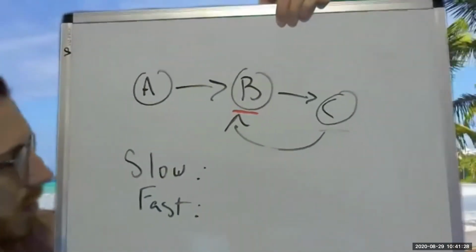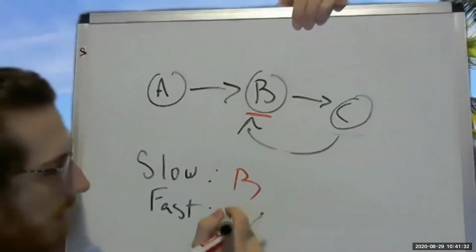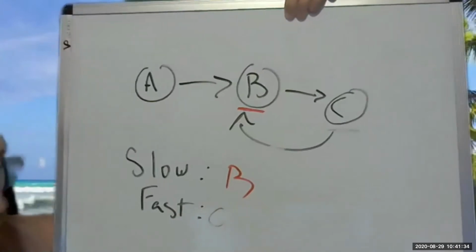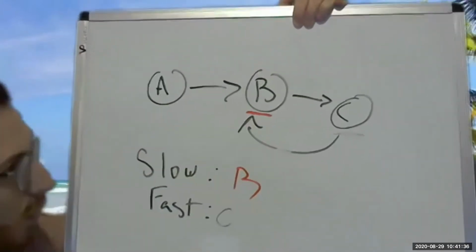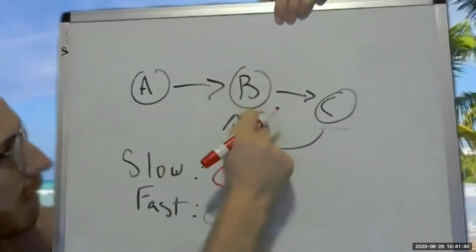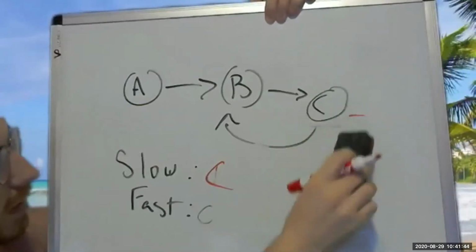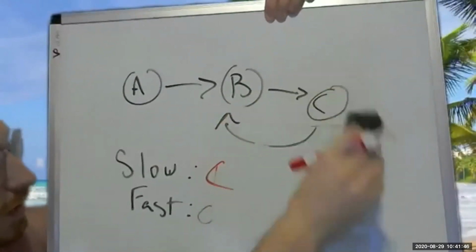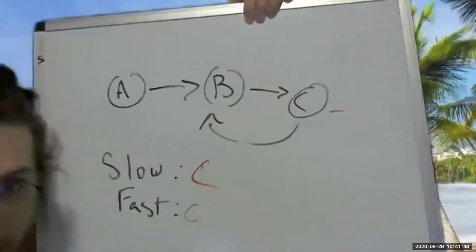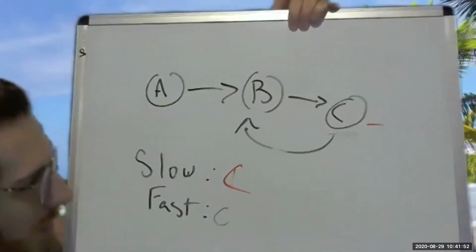So slow is B, fast is C. Okay, so then we have another iteration. So slow is going to move to C, but fast is going to move 1, 2. So fast is going to move back to C. I mean, that's just how it happened to work out this time.